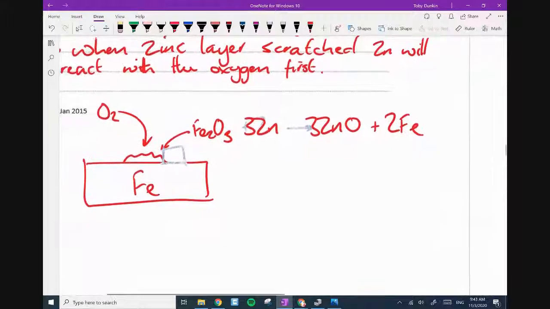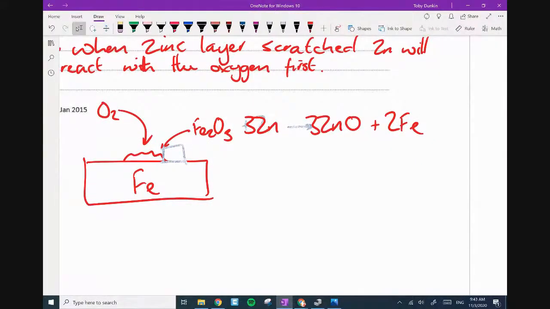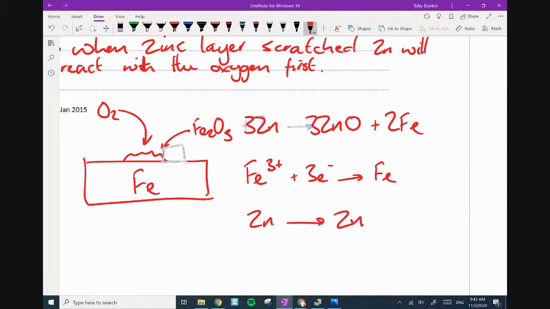Now, just to put that in terms of electrons, what's happening here is the Fe3+, the iron in rust, is going to gain 3 electrons to form iron metal, and the zinc metal is going to lose 2 electrons, I apologize, to form that.